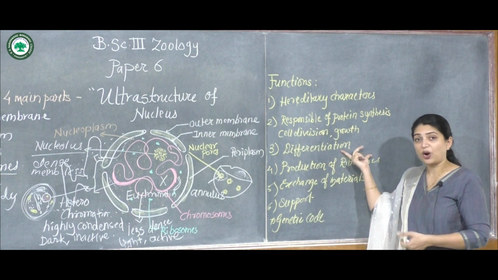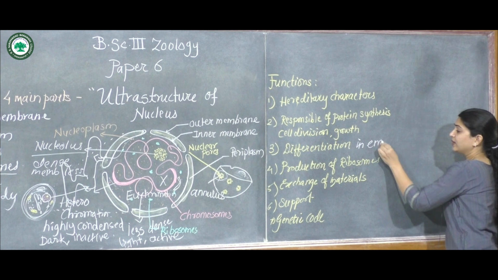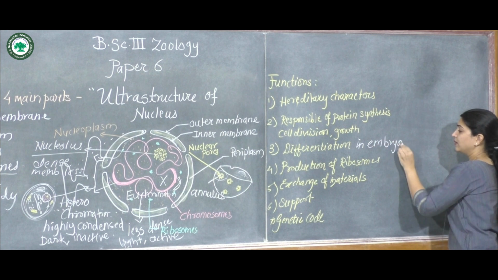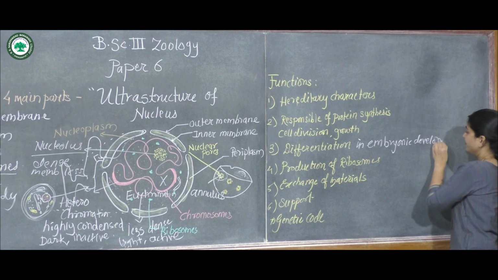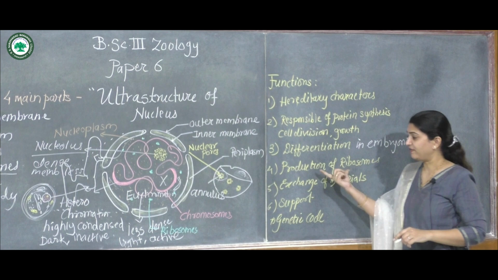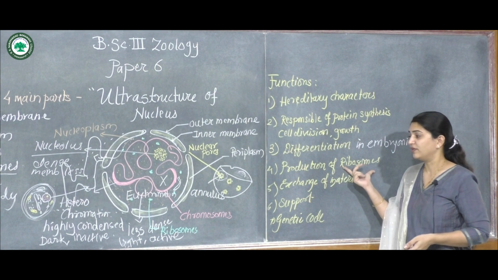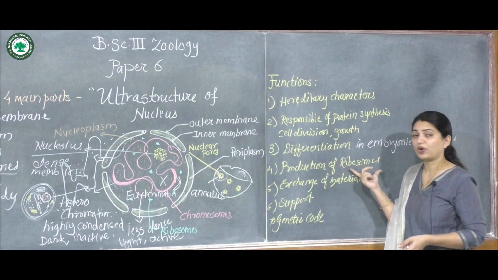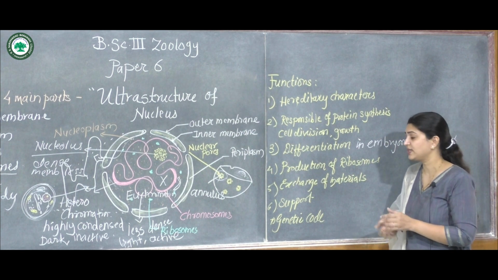So it helps a lot during the differentiation in embryonic development. Then we have discussed that, due to the presence of nucleoli, the nucleus functions as the production house of ribosomes to carry out protein synthesis.